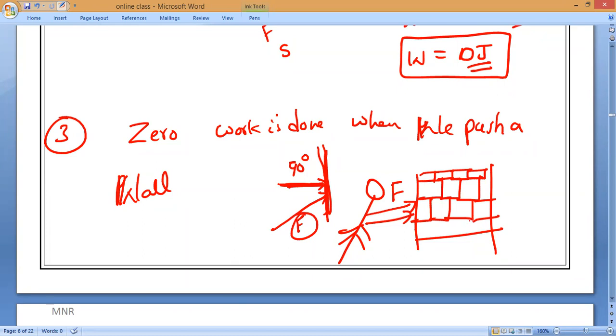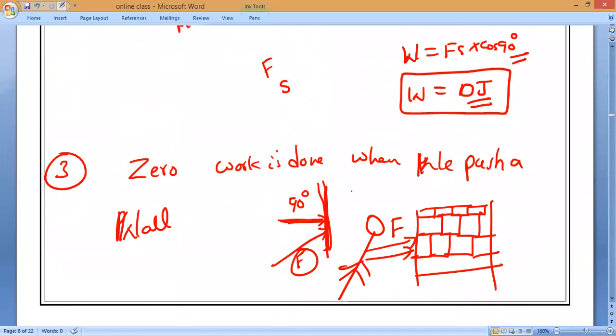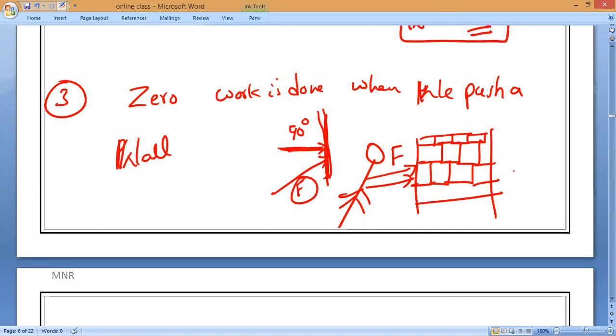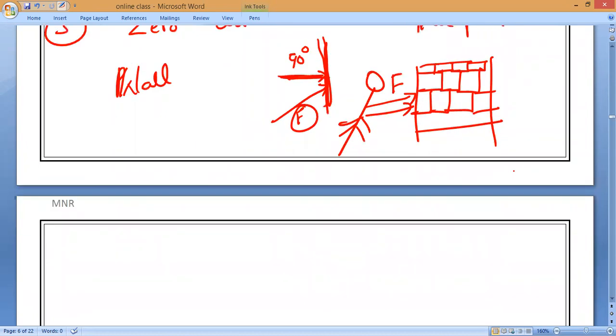Why? Sir, displacement is 0. That is the thing. So in this case, you have to write: a boy is pushing a wall for so long by applying large force on it, but the wall does not move.